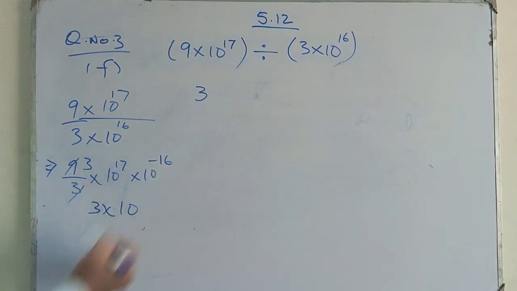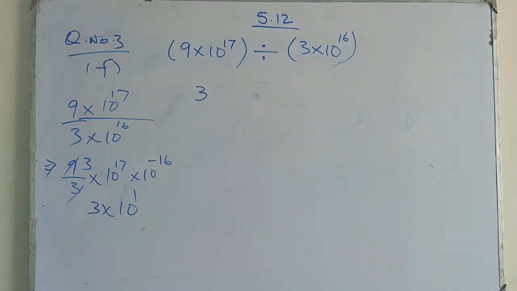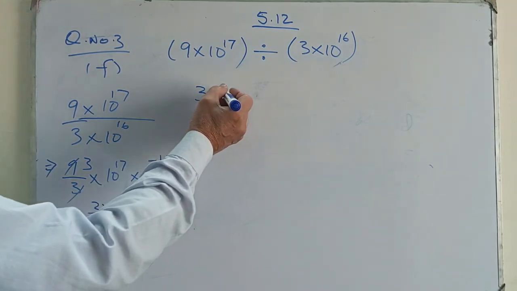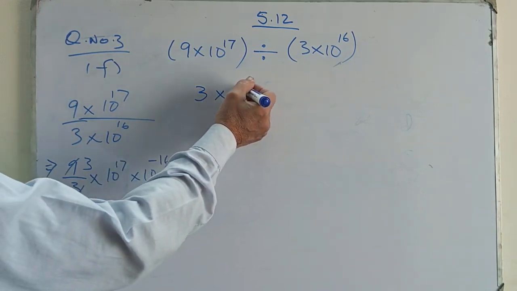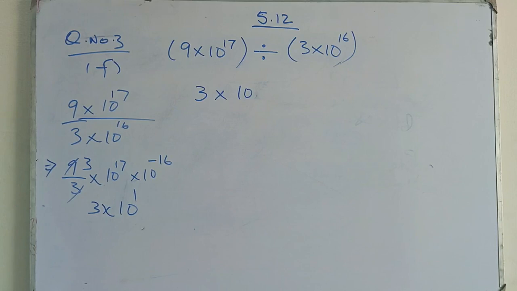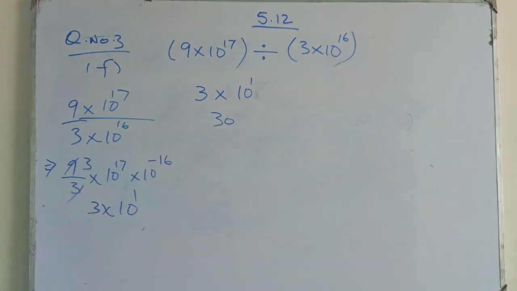That means 17 minus 16 is 1, so it will remain like this. We can do this trick directly, and you can write it like this, and you can also write it like this. So this is the result of question number 3 part F. So let me proceed.